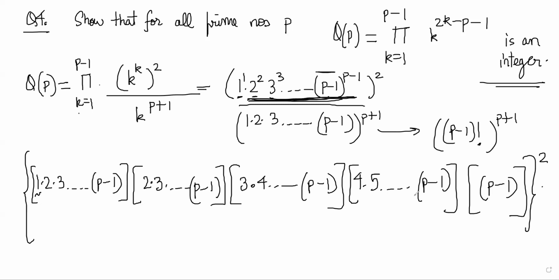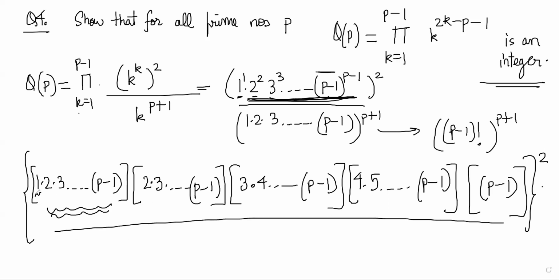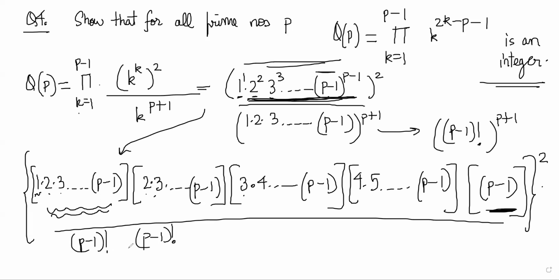So what is this? We have to understand that in this whole product, 1 comes once, 2 comes twice, 3 comes 3 times, 4 comes 4 times, and p minus 1 similarly comes p minus 1 times. So you should understand that this is an accurate way to write the numerator, right? And now think about it. This is p minus 1 factorial. This is p minus 1 factorial divided by 2 factorial, divided by 1 factorial.